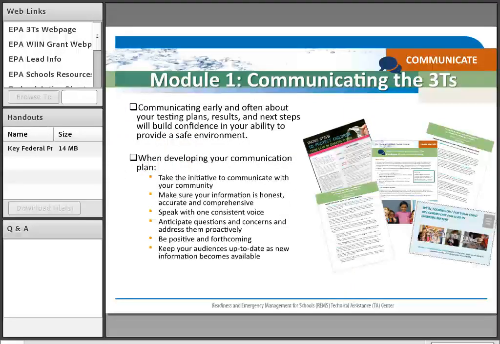Okay, so module 1 is communicating, and we put this one first because it is super important for folks to be thinking about before they even begin doing sampling in the school. Module 1 involves a lot of templates and tools for schools to pull down, to make their own, to edit, to put their letterhead on.